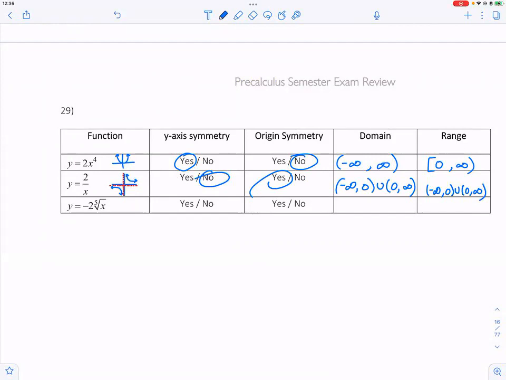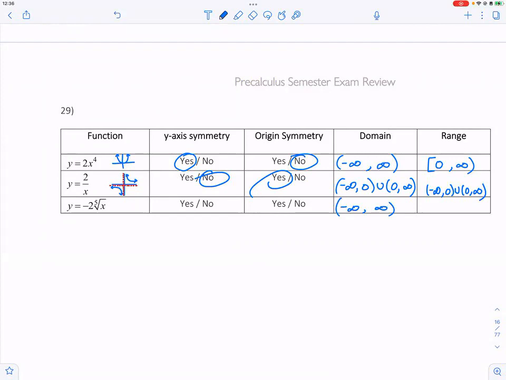What else? y equals negative 2 times the 5th root of x. So it's an odd number root, which means it's okay to have a negative number. So for the domain, there is no restriction, since any number works.